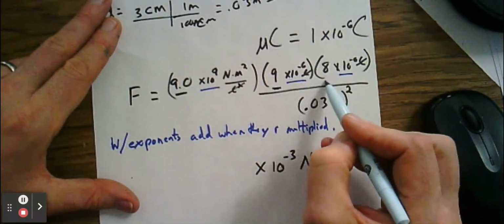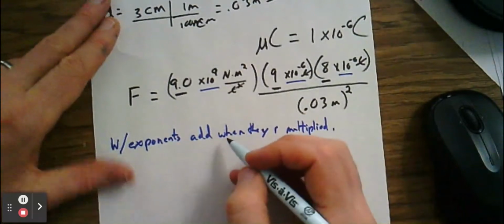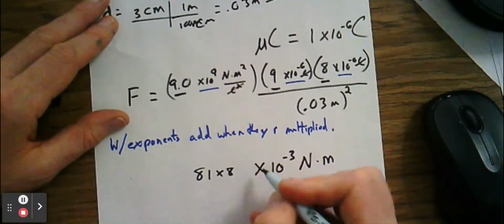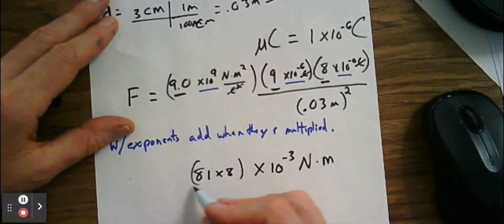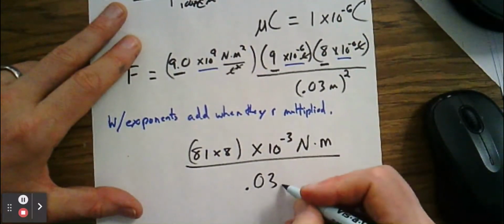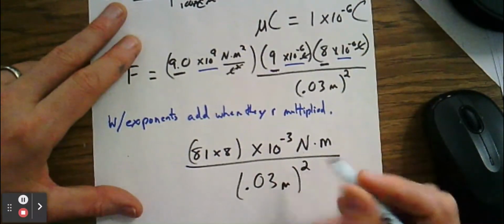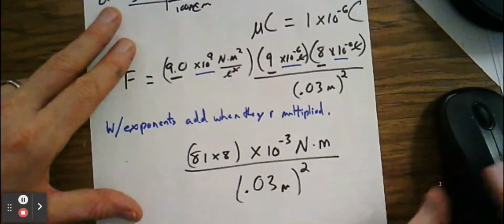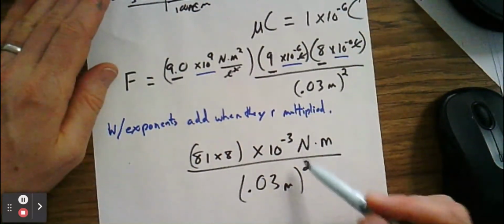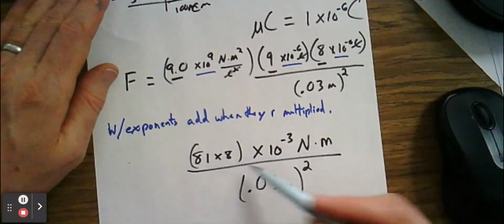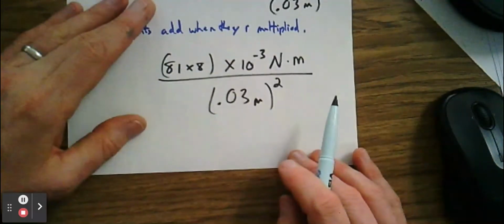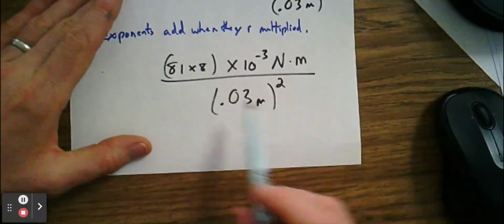9 times 9 times 8. So that's 81 times 8, all over 0.03 meters squared. Now, I can do either of these things first. I can take care of that, or I can take care of this first. And it doesn't matter.